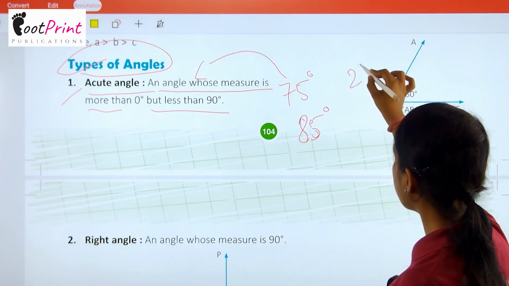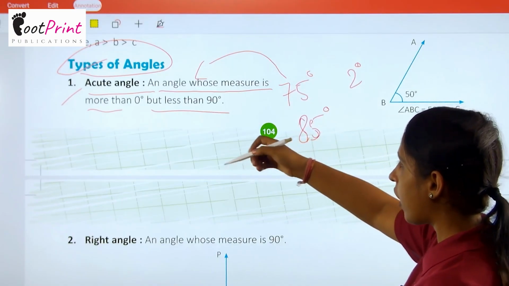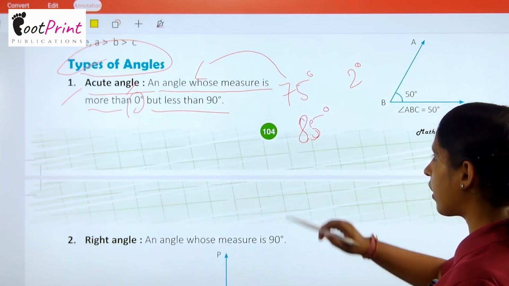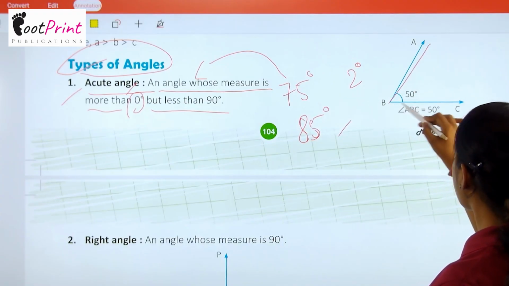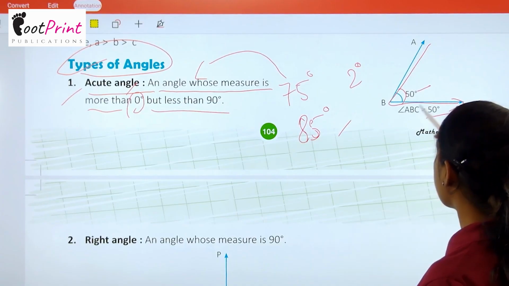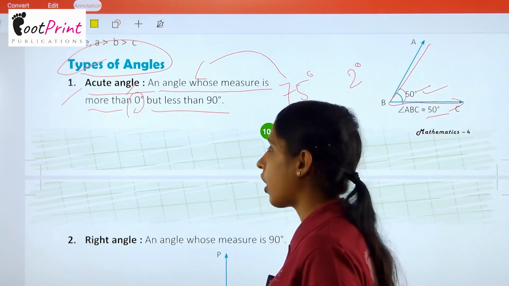If I am writing 2 degree, it is also an acute angle because it is greater than 0 and less than 90. Here is an example given. Angle ABC equals 50 degree. It means we can say that it is an acute angle.